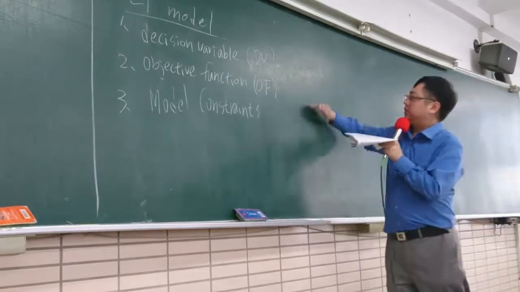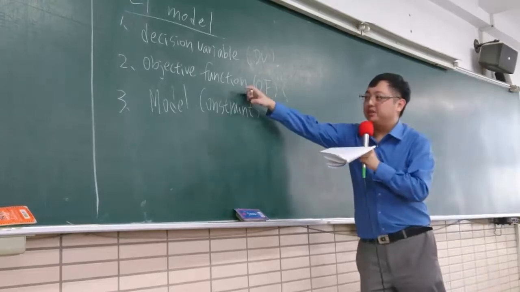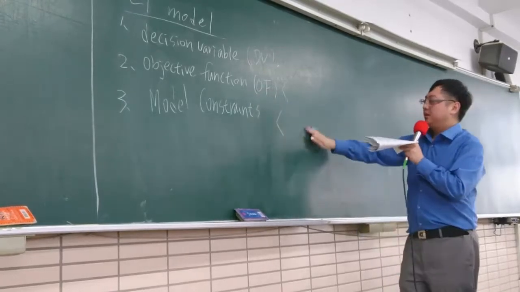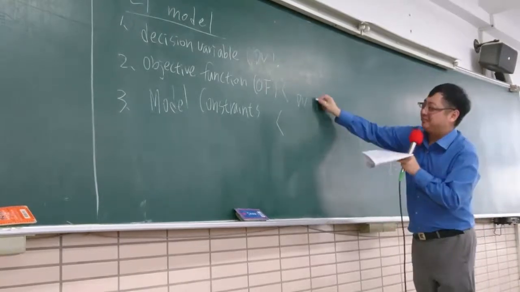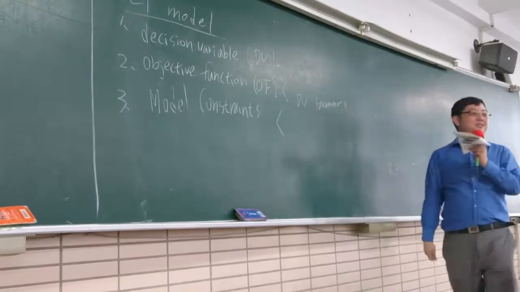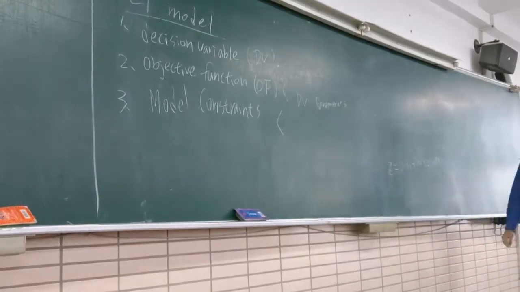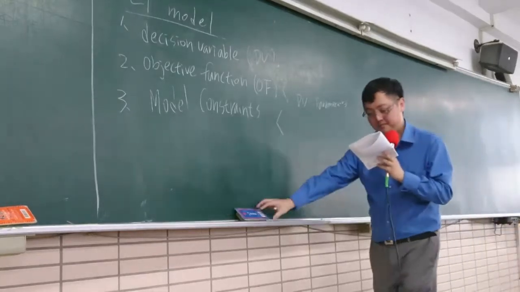And normally inside the objective function and model constraint, we will see our decision variable. We will see parameters. I will use some example later.